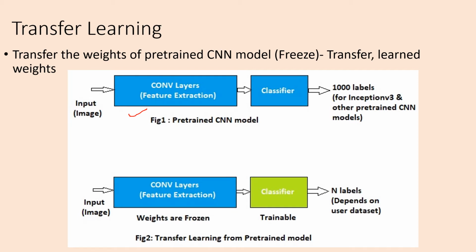The feature extraction section will have all the convolutional layers, which extract the image features like edges, corners, etc. So this part of the CNN extracts all the important features of an image, whereas this part is responsible for giving a specific output for a given image.